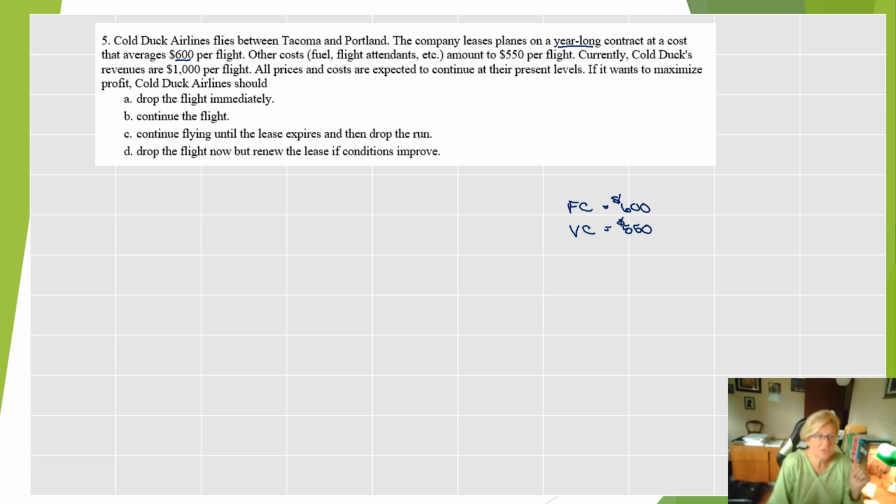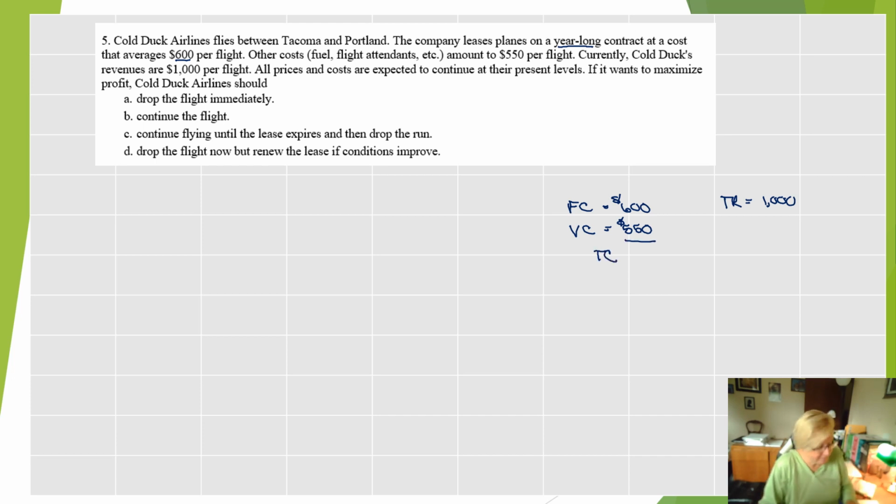Currently, Cold Duck's revenues are $1,000 per flight. So total revenue is going to be $1,000 per flight. All prices are expected to continue. If it wants to maximize profit, Cold Duck Airlines should... Well, I want to know its total cost.